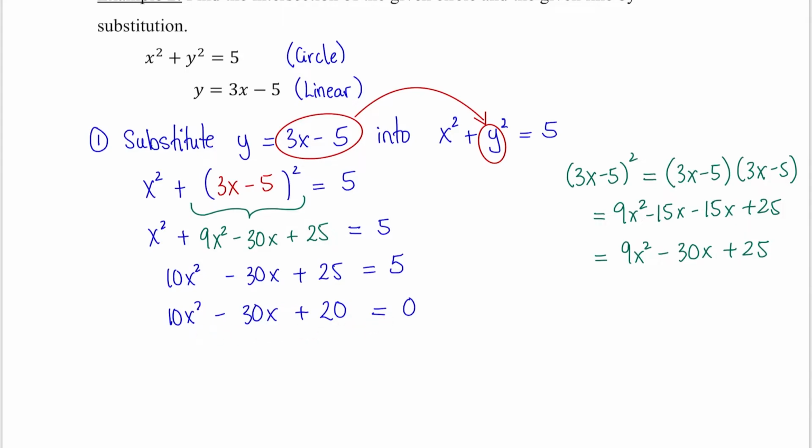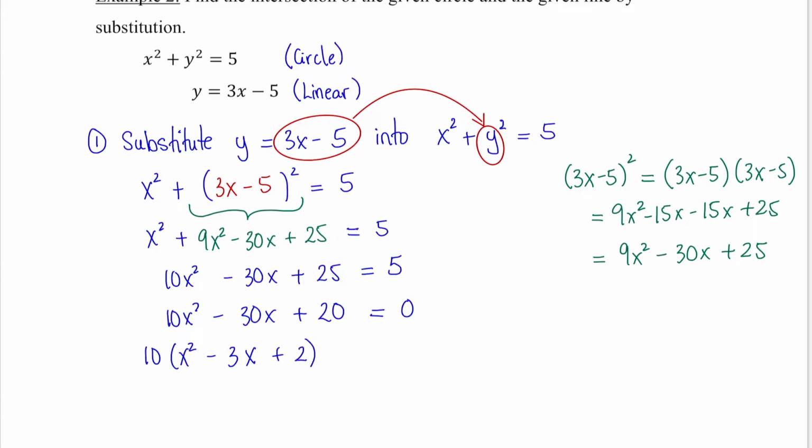So if I look at 10x squared minus 30x plus 20, I know that 10 is a common factor, so I'm going to factor 10 out. And I have 10 times x squared minus 3x plus 2. X squared minus 3x plus 2 is factored to x minus 1 times x minus 2.